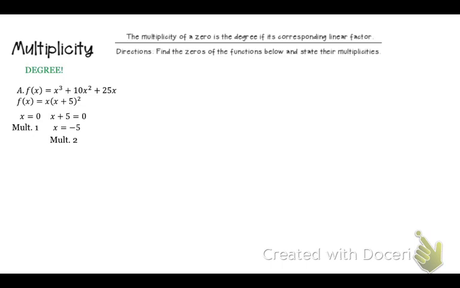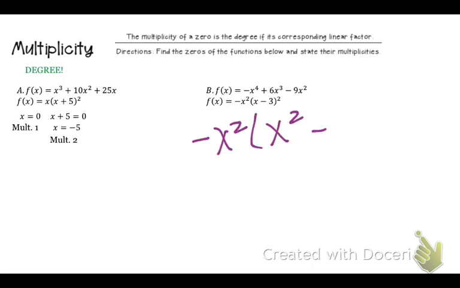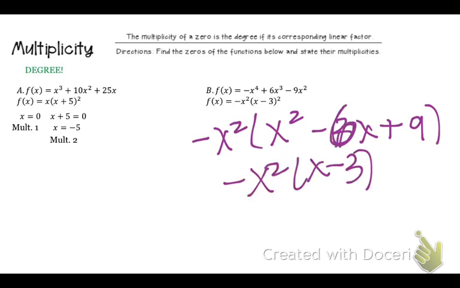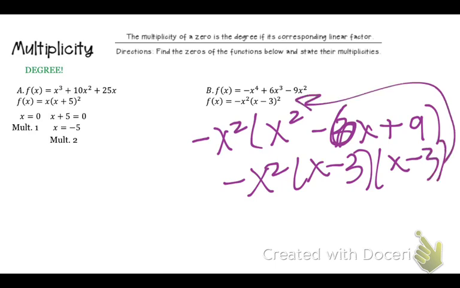And I'll tell you what that means in just a second, but I want to just make sure you get down this multiplicity. This one, take out the negative x squared first. All right, again, skipping steps. So if we take out that negative x squared, you're left with x squared minus 6x plus 9, sorry, 6x, which factors to x minus 3, which is x minus 3 squared.